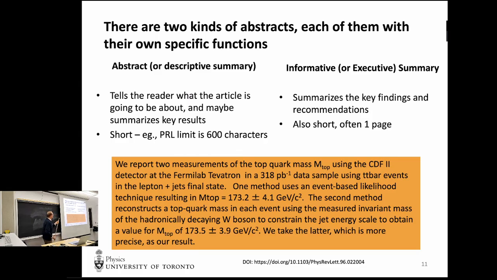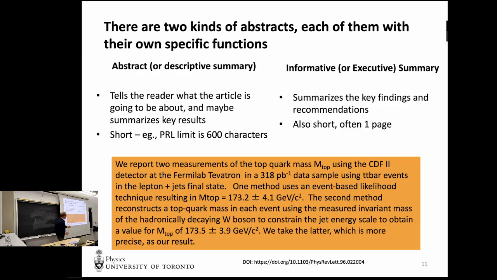Okay, so this was a measurement using the CDF detector at the Fermilab Tevatron, and it came up with a particular measurement of the top quark mass using one technique, and then a second, and then it just used the most precise value.